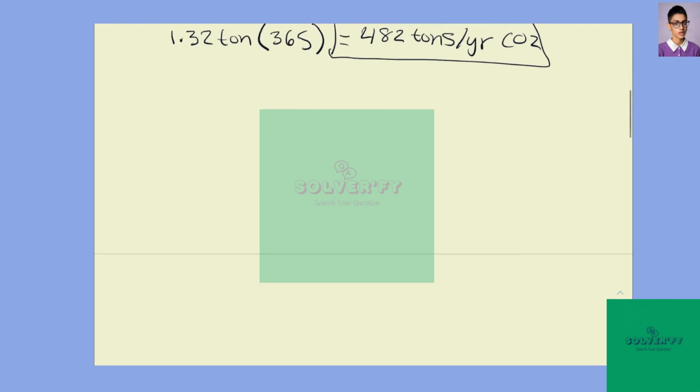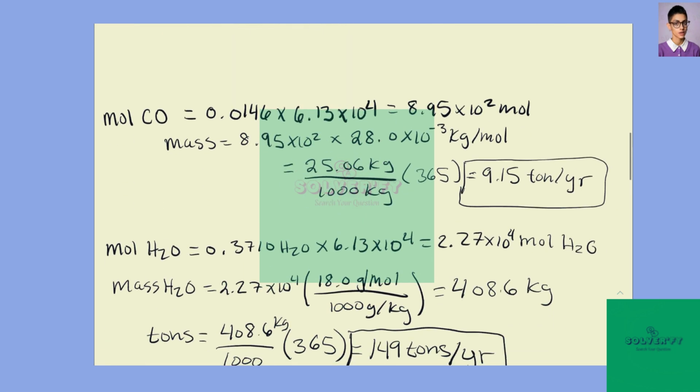So now I have all of the other gases written out. For every single gas, we just take their mole fraction, which is given to us. We times that by the total number of moles that we found in our sample. And then we take the moles of, say, carbon monoxide, and we times that by its molar mass, divided by 1,000 to get it into kilograms. And then we divide the kilograms by 1,000 again to get it into tons. And we times it by 365, so that we get how many tons are emitted per year.